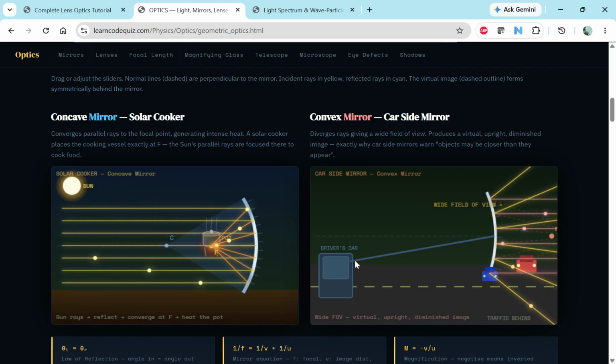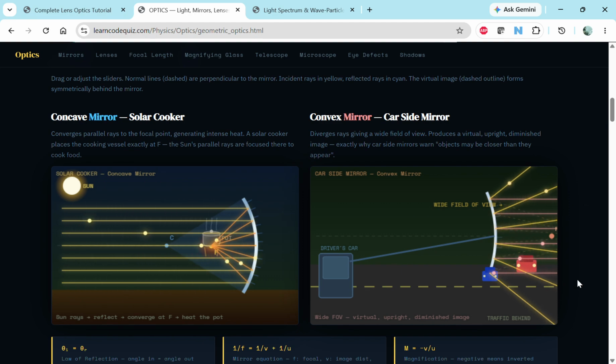And now let's take the convex mirror. In a car, at the side mirror, you see a lot of cars coming from far, but you can see them, right? You just look at the side mirror and you can see the cars coming. So what happens?